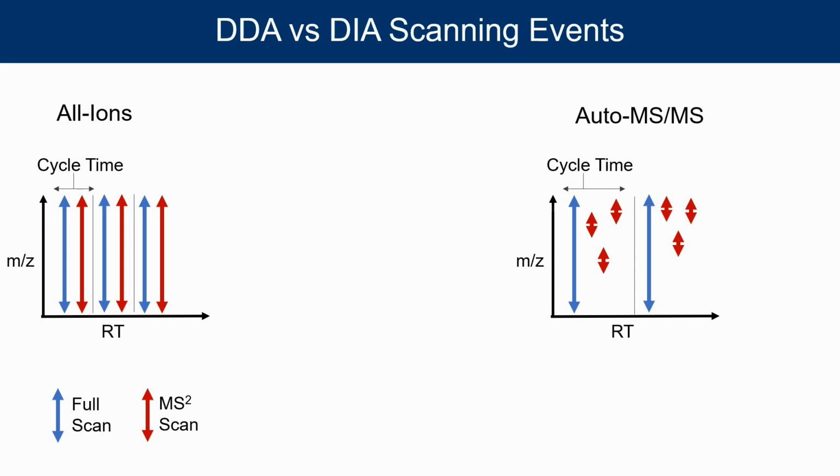So there's different approaches for this. So we talk about auto MSMS, which is on the right here, where you only get a narrow region of the mass to charge range that we fragment. And so we don't cover the entire mass to charge range, which means that we are missing molecules when we're isolating and fragmenting. There's also something called all ions or all ion fragmentation.